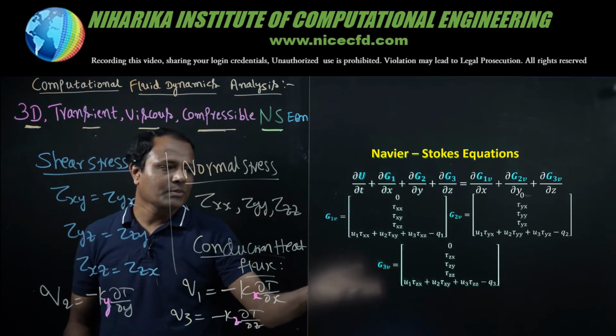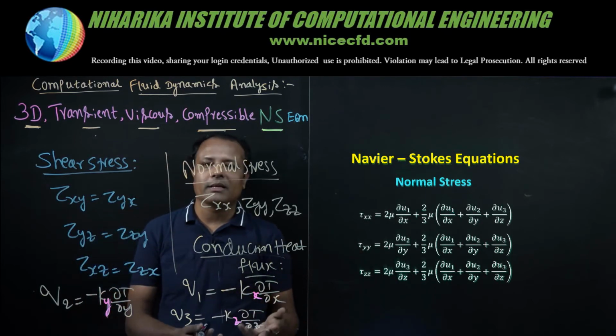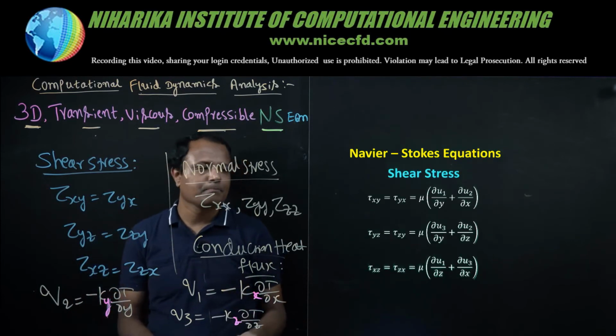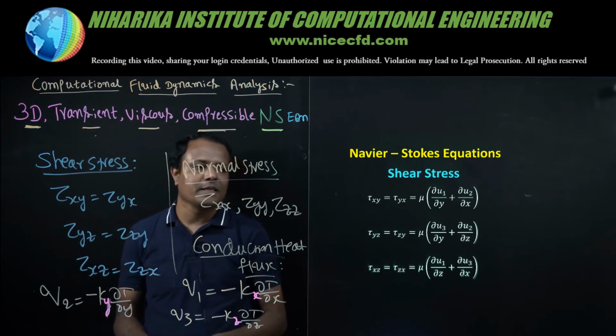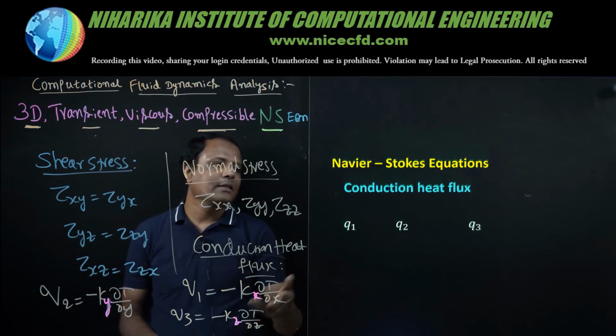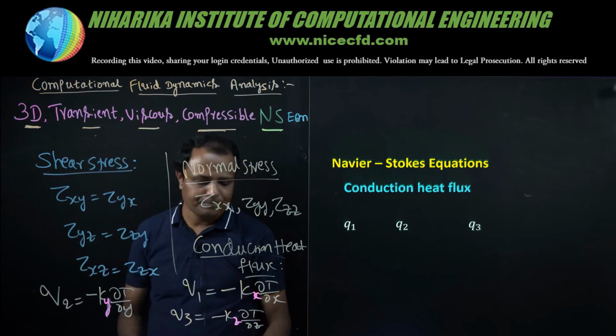You can see the expression for normal stresses. These are the derived expressions. You can see the expression for shear stresses. These are also mathematically derived. And these are the conduction heat fluxes which I explained.